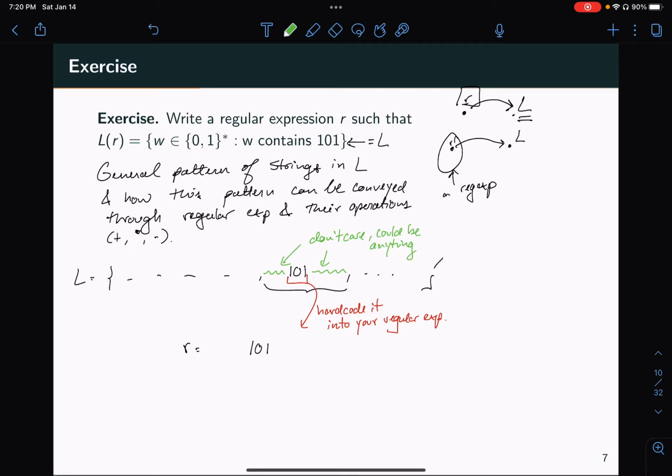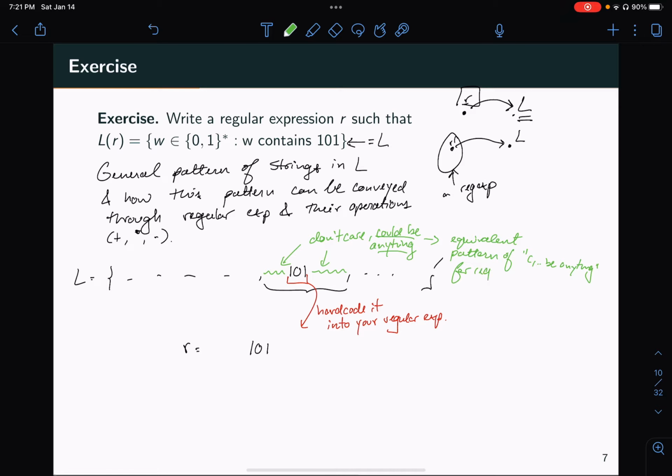So what you have to do is translate "could be anything" into the equivalent regular expression pattern.